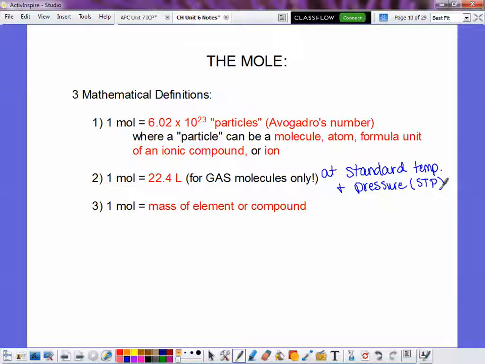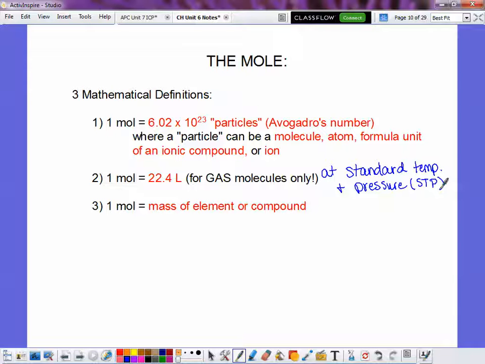Until we get to Unit 8, you will not have to worry about things that are not at STP. Through all of Unit 6 and Unit 7, we are going to assume that every gas is at standard temperature and pressure. In Unit 8, we'll define what standard temperature and standard pressure are, and we'll talk about how to deal with gases that are not at STP.